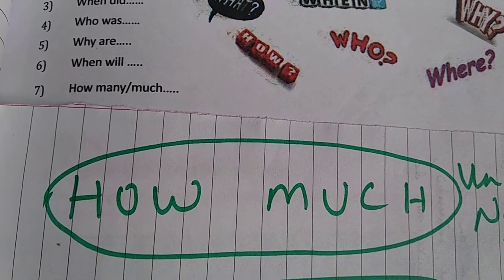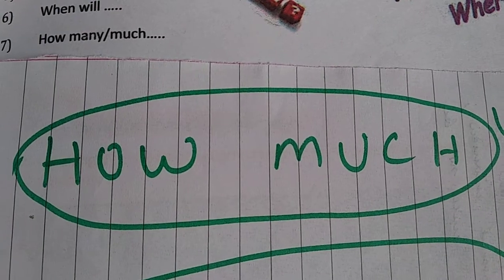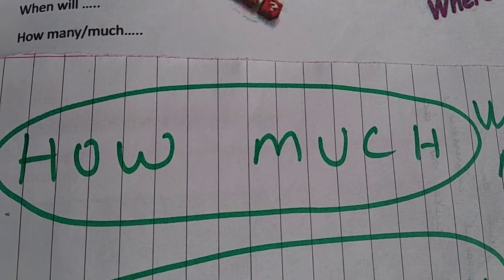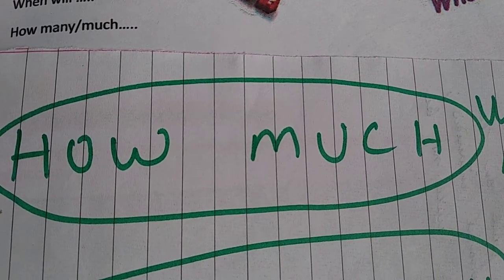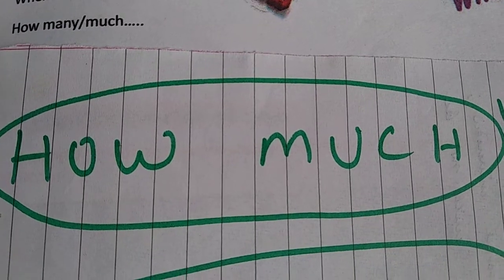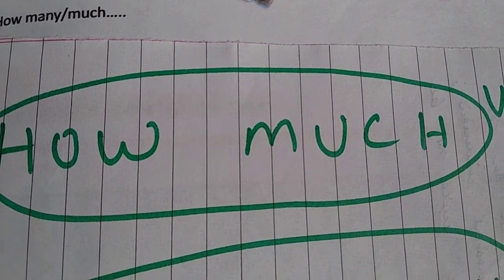There is one question which many students make mistakes with. When you get your answer scripts, you ask each other's marks. Some of you ask, how many marks did you get? It's not a proper way of asking.